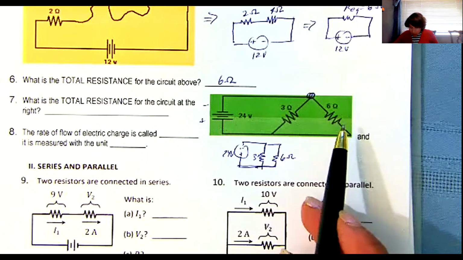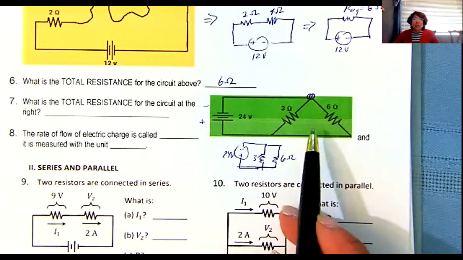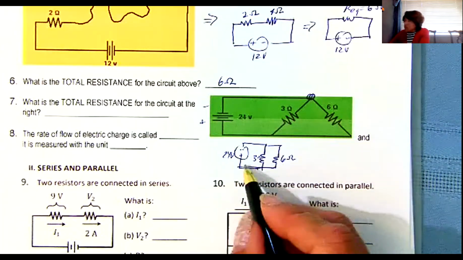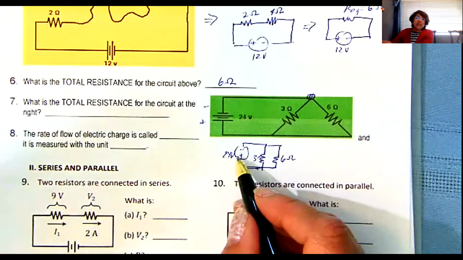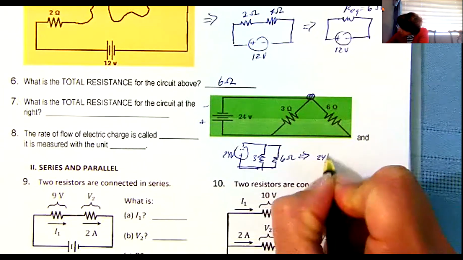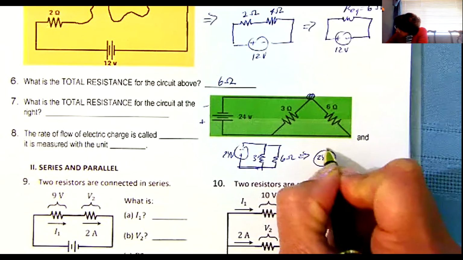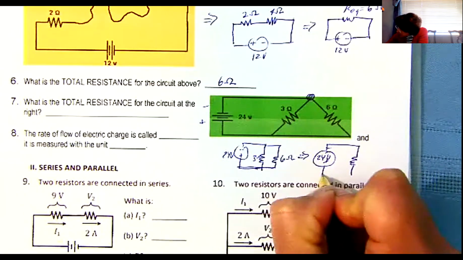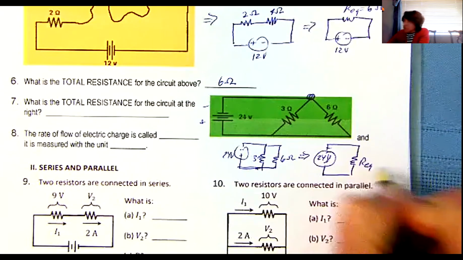Muy bien. So, do you remember, or have you learned yet, what is the total resistance here? Remember, this battery only sees one resistance. So, I'm going to say this is like a 24 volt battery, and only one resistance, the equivalent resistance.